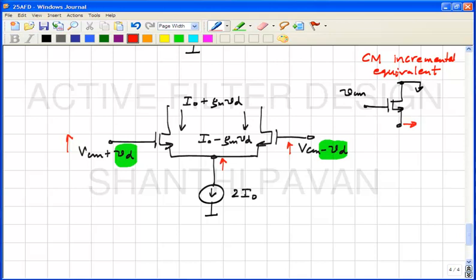It is a voltage controlled voltage source with an incremental gain of 1. So incrementally this also goes up by the same voltage, correct? Whereas for differential inputs, what is the equivalent? That middle point will be ground.